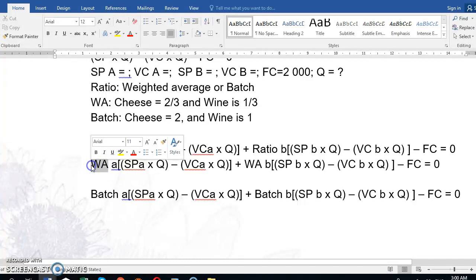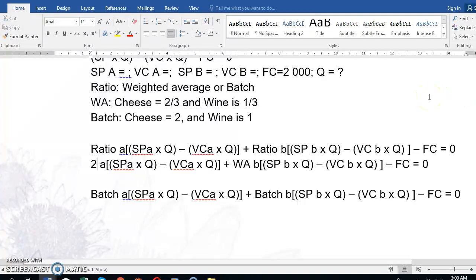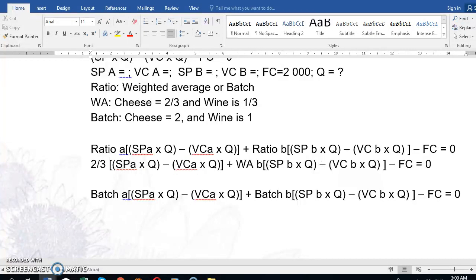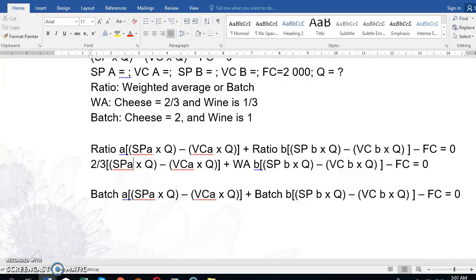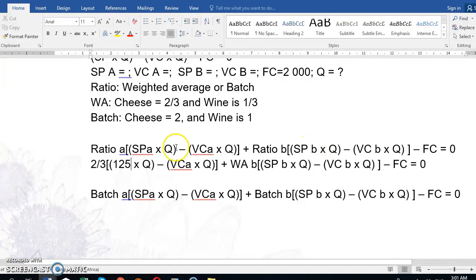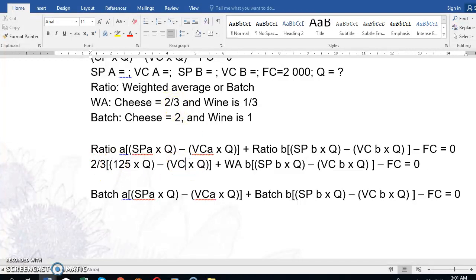The weighted average, as we said before, for A, if we call A the cheese tour, would be 2/3 as my ratio. The selling price of product A is 125. I don't know what the quantity is, but the variable cost of the cheese tour is 65.